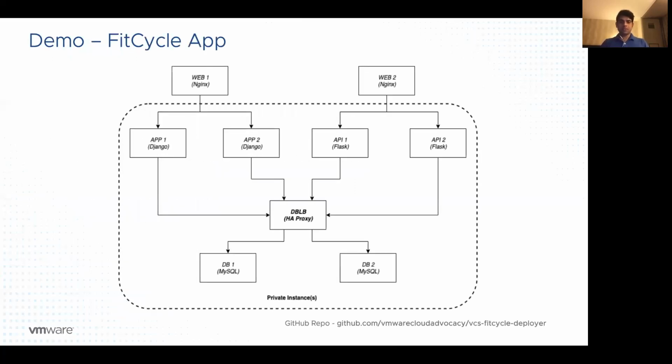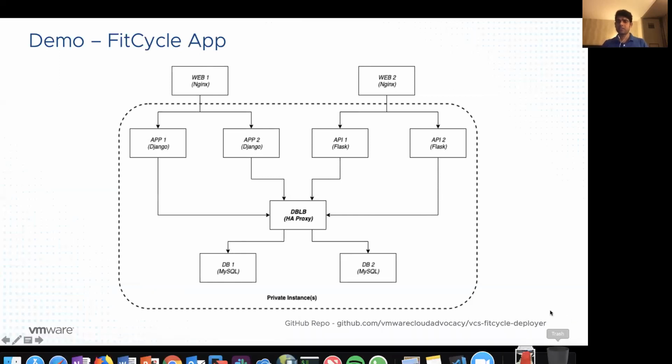So this is the FitCycle app which I was talking about earlier, right? You can go and look at the code for Terraform and Ansible at our GitHub repository, VMware Cloud Advocacy, and then go to VCS FitCycle deployer.